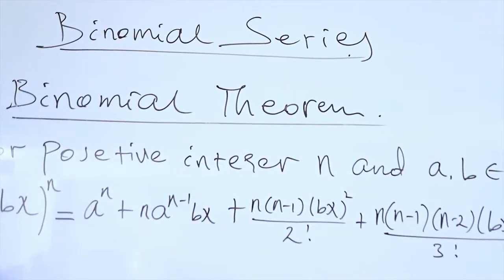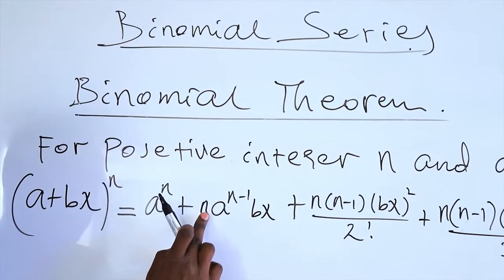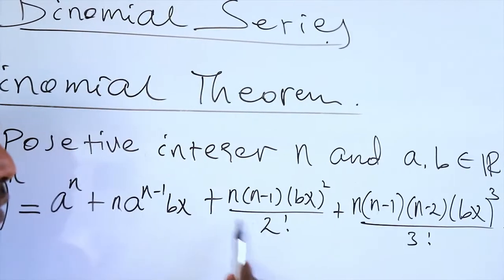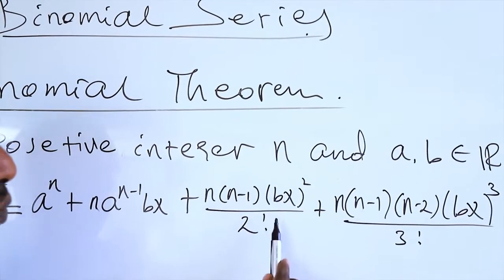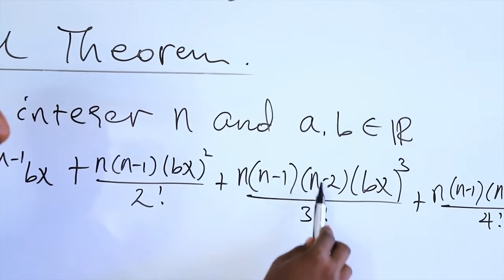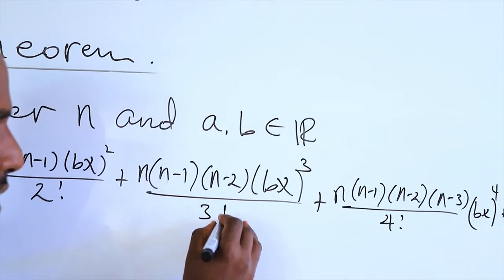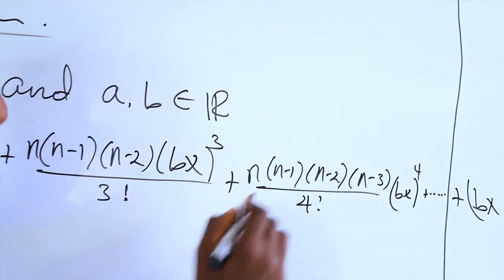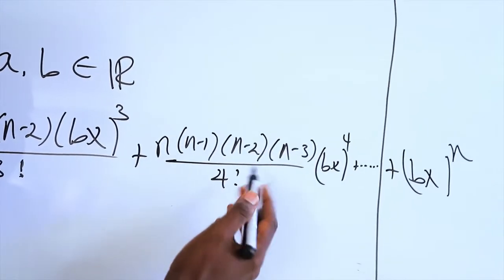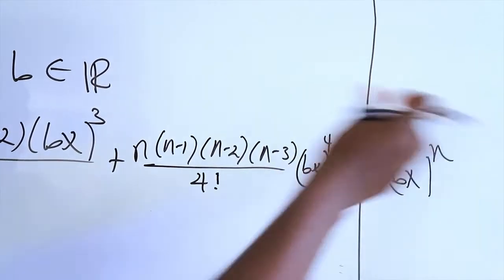So the expression (a + bx) to the power of n is exactly equal to a to the power of n plus n times a to the power of n minus 1 times bx plus n times n minus 1 times (bx) squared over 2 factorial plus n times n minus 1 times n minus 2 times (bx) to the power of 3 over 3 factorial plus n times n minus 1 times n minus 2 times n minus 3 times (bx) to the power of 4 over 4 factorial plus up to (bx) to the power of n.